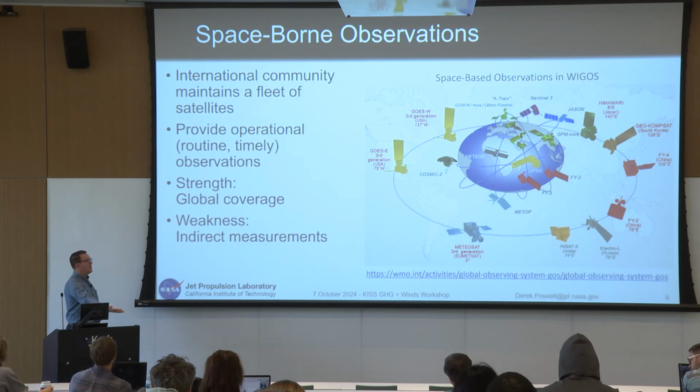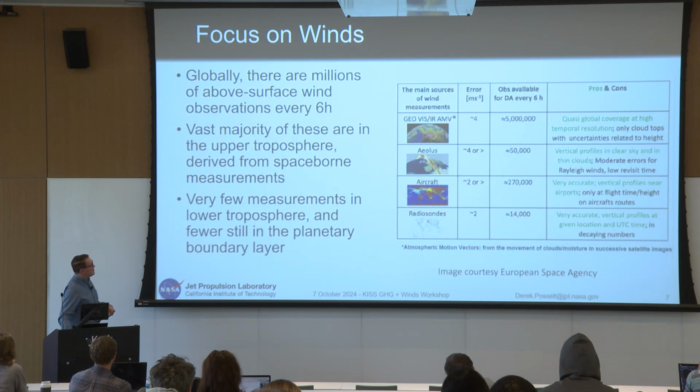All you know is what radiation hit the sensor in your spacecraft, and you have to then infer from that information what the state of the atmosphere was that you were looking at. That involves radiative transfer, and it involves inverse problems, in some cases very ill-posed inverse problems. And that's what I'll start to get into next as we transition to a specific focus on winds.